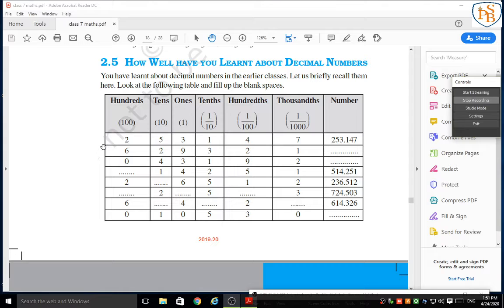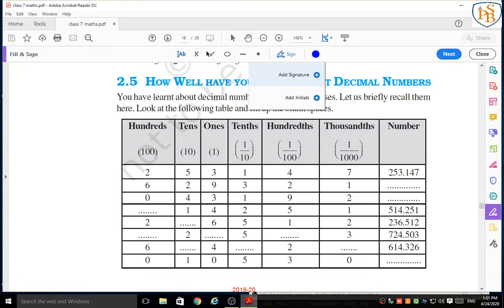Look at the first one. At the hundreds place there is a 2, at the tens place there is a 5, at the ones place there is a 9, at the tenths place, after the point, the first number is 1, at the hundredths place there is a 4, at the thousandths place there is 7.